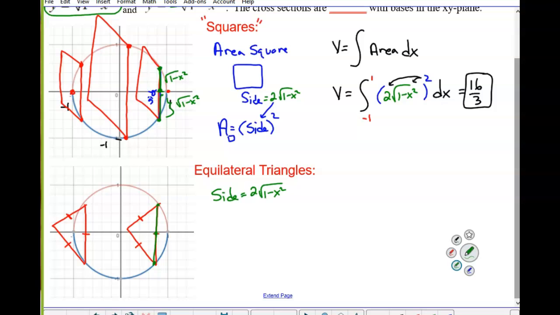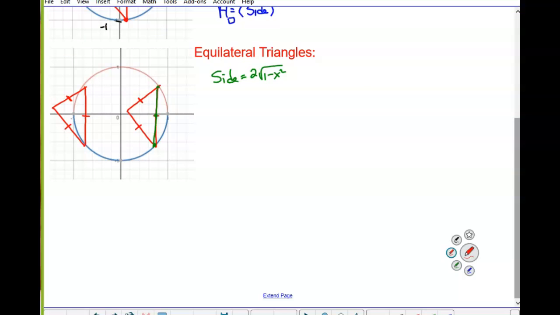But the challenge now is coming up with the area formula for an equilateral triangle. And this is honestly more of a geometry problem than it is a calculus problem. So most of my work here is going to be setting up the area formula for the equilateral triangle. And I'm going to think of this as all side work over here.